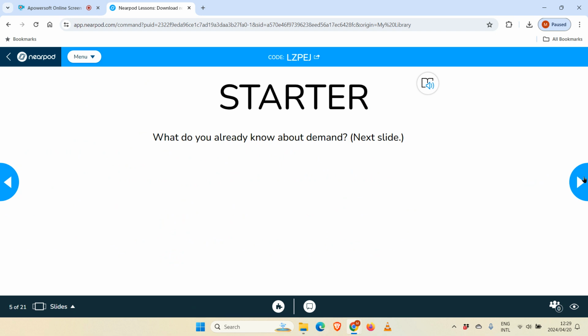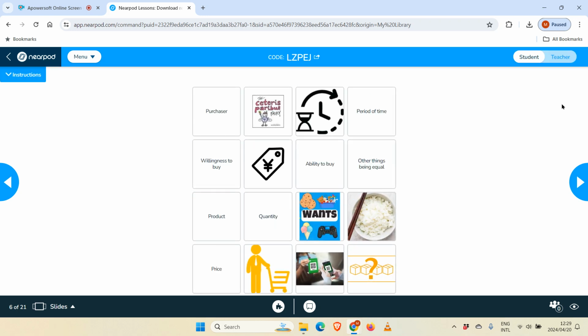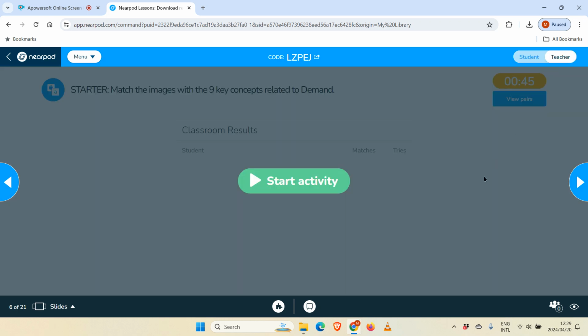Right, so for the starter activity, what do you as a student already know about demand? For this activity, I want students to do some matching. The teacher will click the start button. This is from the teacher's viewpoint on the teacher's device.